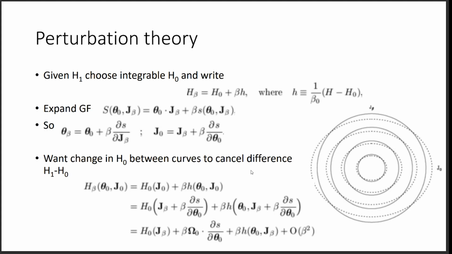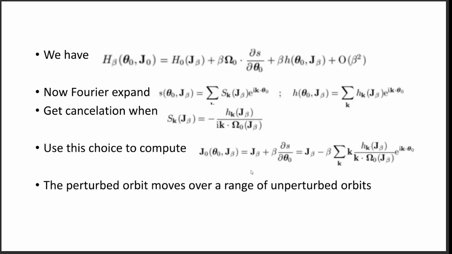And the diagram tells you how that works. As I go around the full curve, I'm now outside of this curve in J0. So my J0 will be rather larger than it was here, where when I'm here, my value of J0 will be smaller than the value associated with that curve. And when I'm here, it'll be larger. So this offset is the Fourier series that we have constructed.